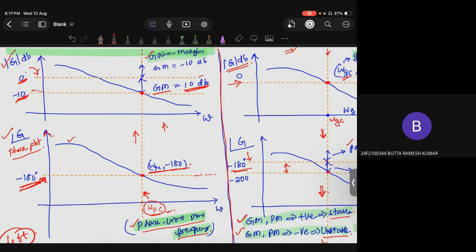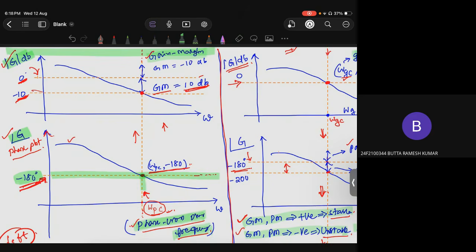First, what we do is draw the Bode plot. Drawing the Bode plot means drawing the magnitude plot and the phase plot. Once you draw that, in the phase plot, see where you have this minus 180 degree line. Once you find it, draw this line to the right.